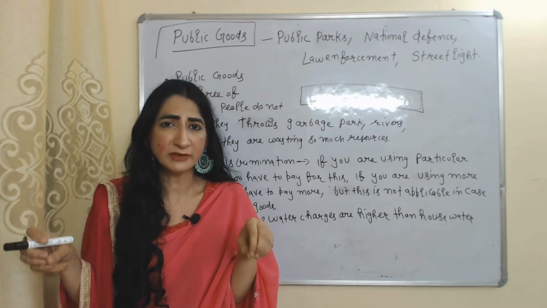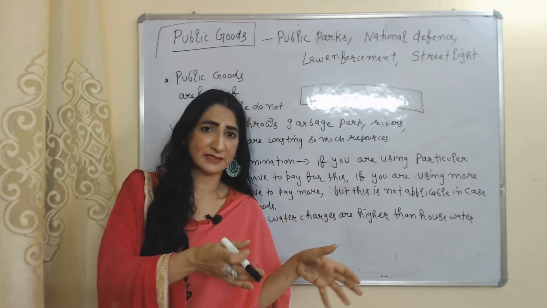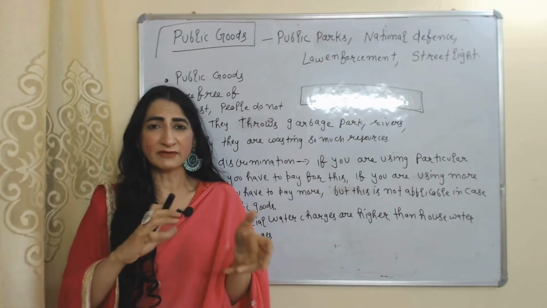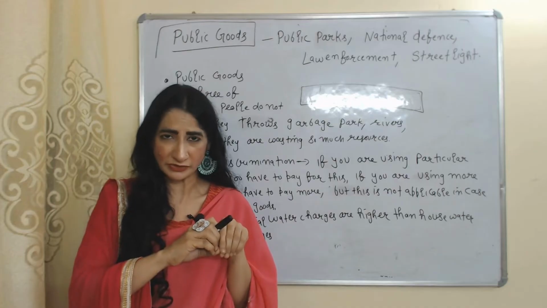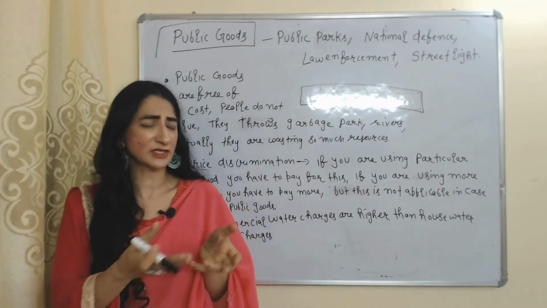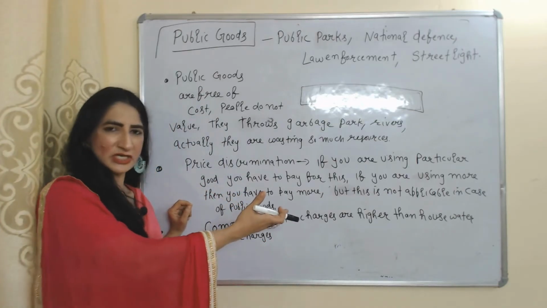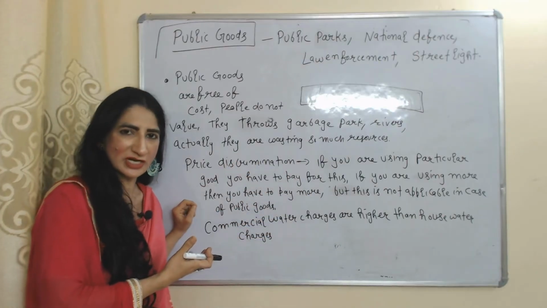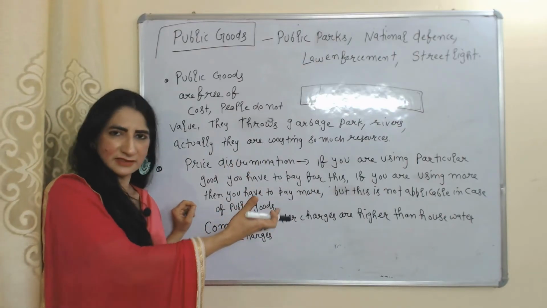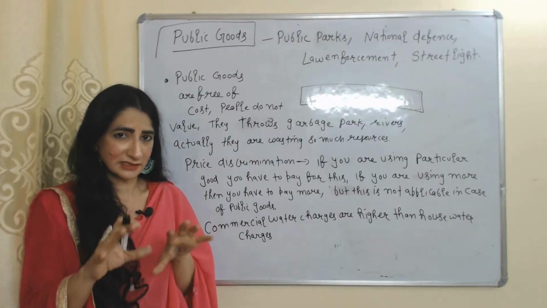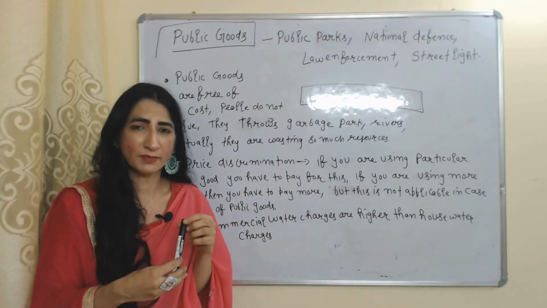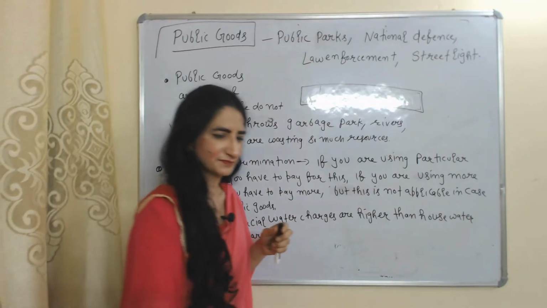In case of public goods, some people are paying higher taxes, some people are paying lower taxes, even some people are not paying any taxes, but they have equal right on public goods. And there is price discrimination. As we know, commercial water charges are higher than household charges. Similar, commercial electricity charges are higher than the household charges. So there is price discrimination. So we can say that in case of public goods, our market will fail.